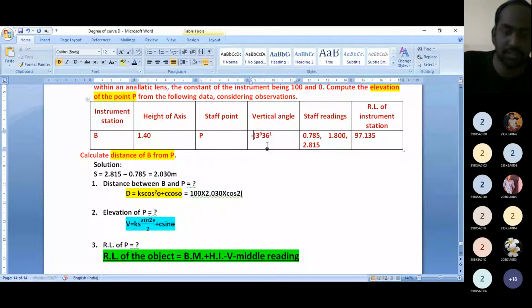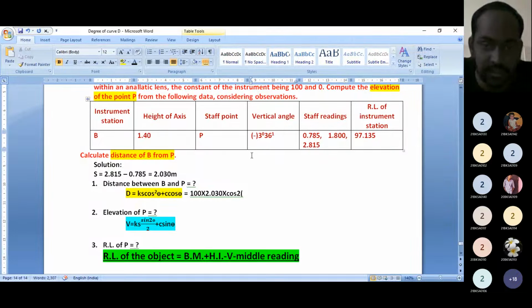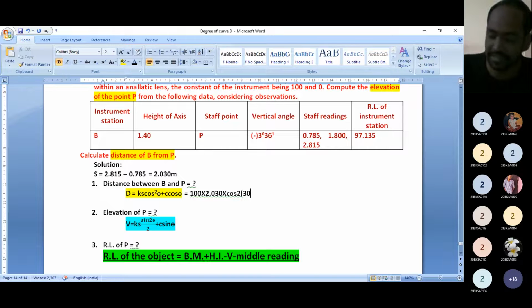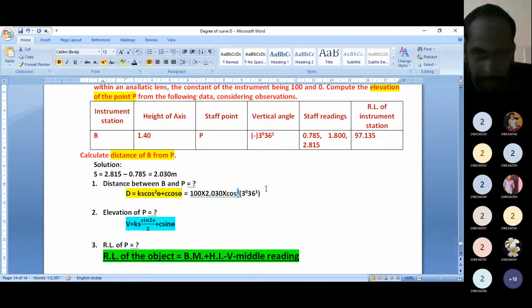When we are substituting in the formula, we need not mention whether it is positive or minus. That's why directly you can substitute 3 degrees 36 minutes, cos square it is. Plus C value anyhow it is 0. So plus 0 into cos 3 degrees 36 minutes will be 0.